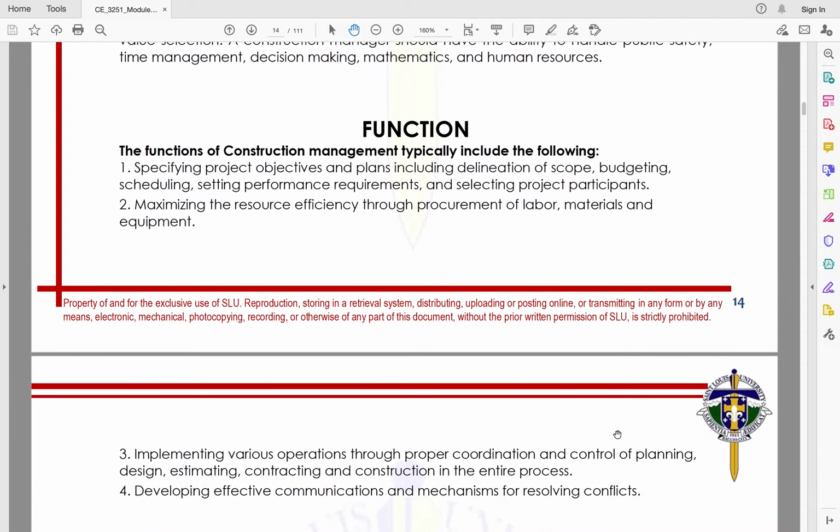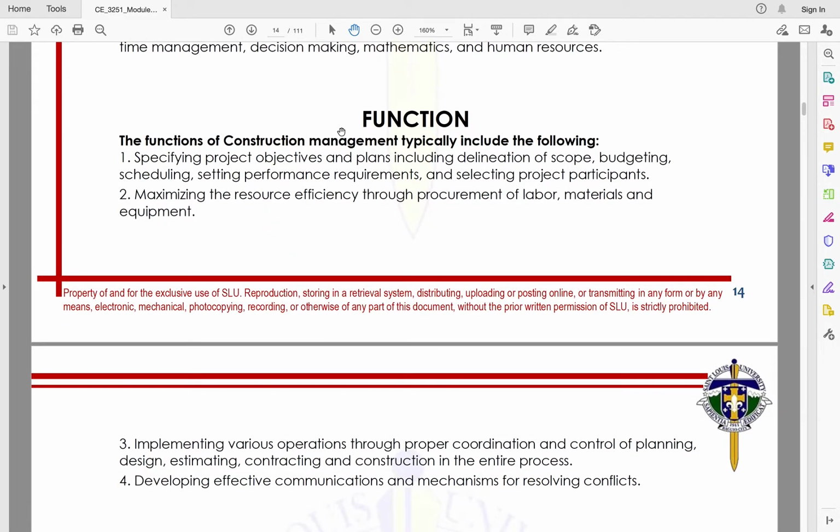So what are the functions? The functions of construction management typically include the following. Number one, specifying project objectives and plans, including delineation of scope, budgeting, scheduling, setting performance requirements, and selecting project participants. Like what we have said a while ago, it is from start to finish.